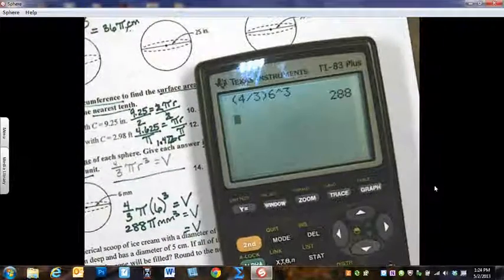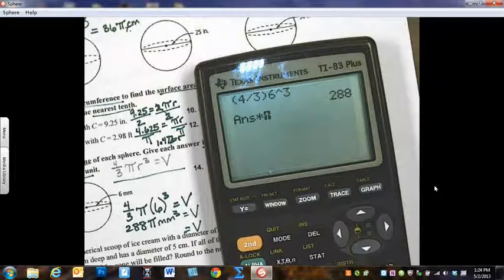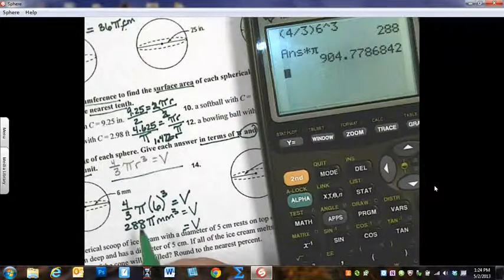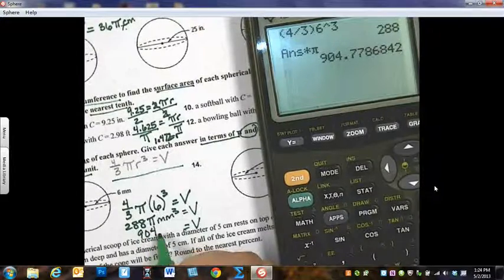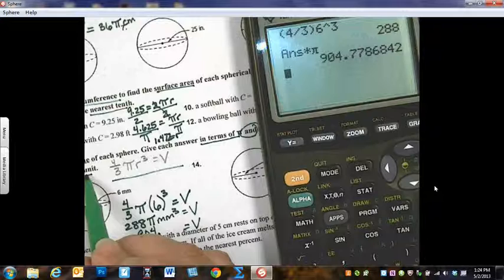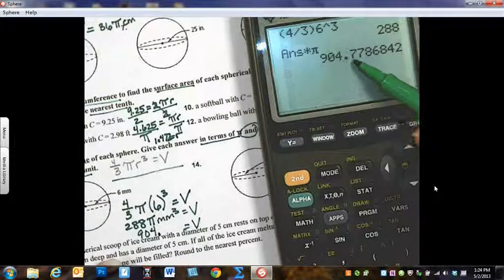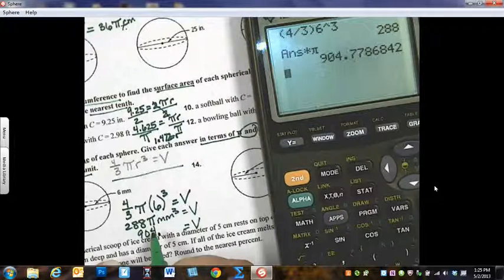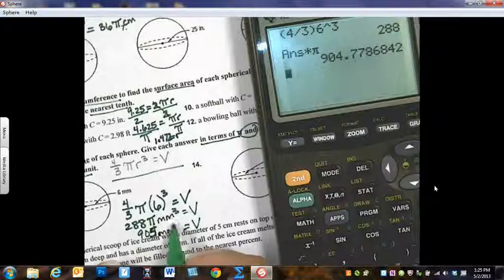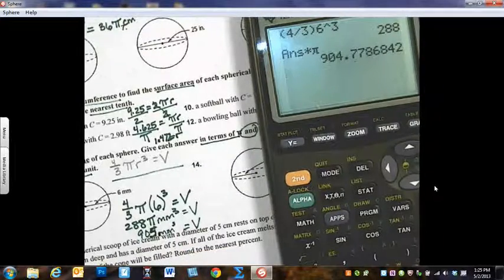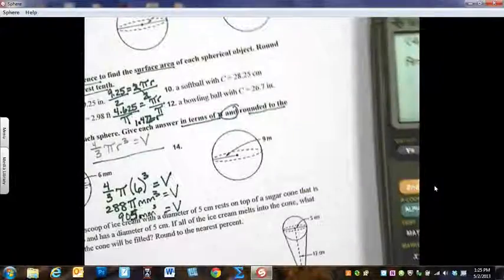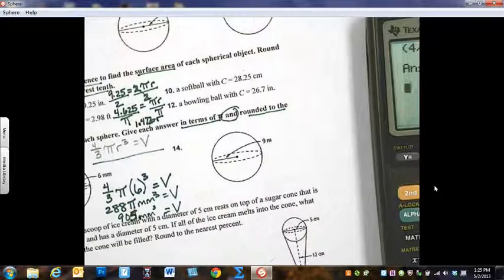So I just take 288 and I multiply it times pi, and I get 904 point, well, they want it to the unit. So I look at the 4, and I look just to the right, that's a 7, so it's going to increase me 1. So 905 millimeters cubed. And that is my answer. And that's what you're going to do for number 14 as well.